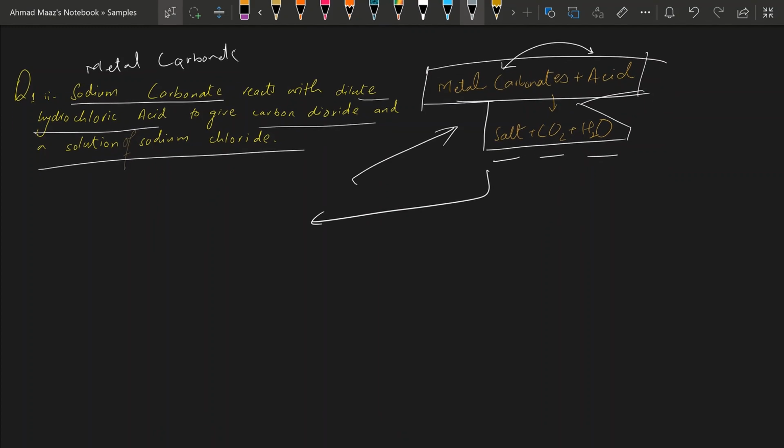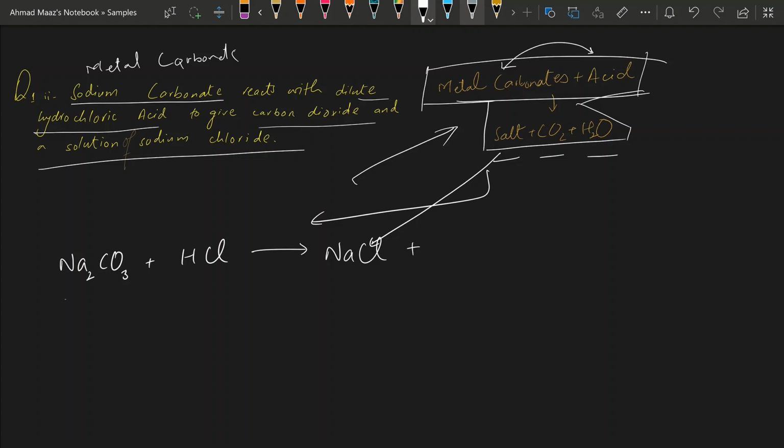So let's try to write what is happening. Sodium carbonate Na2CO3 reacts with dilute acid HCl and gives off a salt, which is sodium chloride.